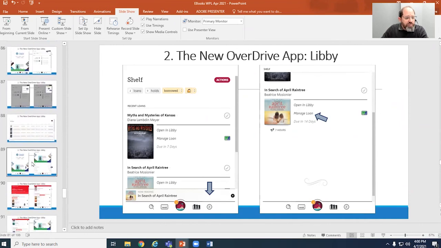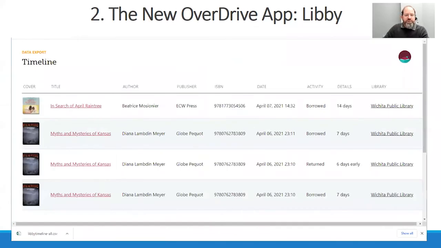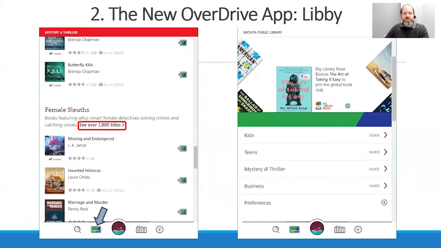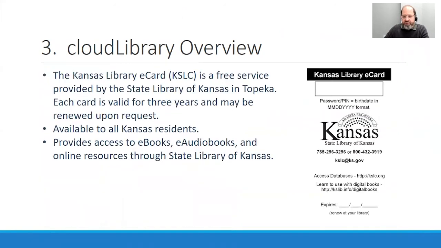Later in this PowerPoint, there are some slides about Cloud Library with the State Library of Kansas. It works similarly. Your Kansas Library card account will be a 6-digit number, and your password will be your birth date in a format of 2 months, 2 days, and 4 years.